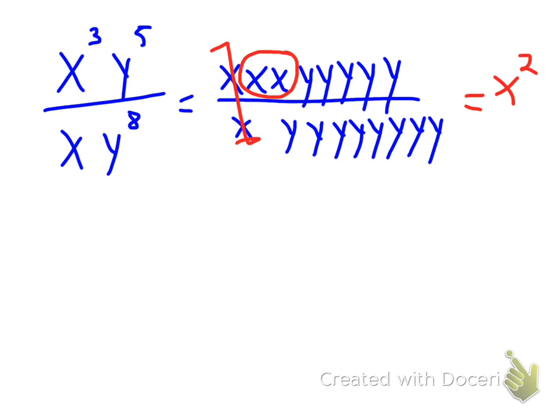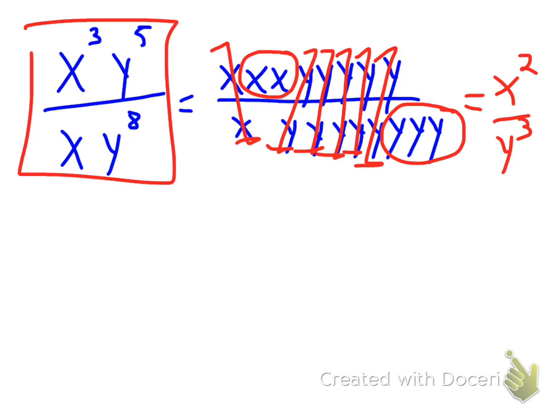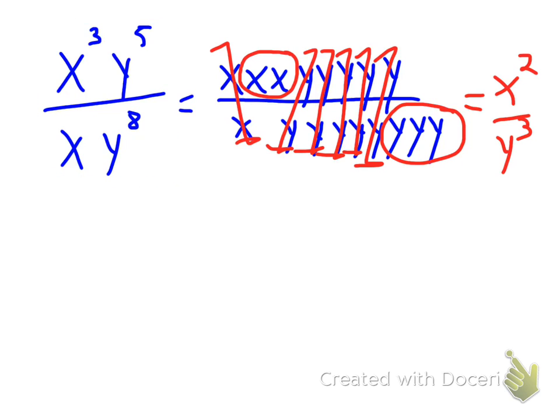Looking at the y's, I make a giant 1 here, and here, and here, here, and 1 more, leaving me with 3 left in the denominator, which is y to the third. So this problem simplifies down to x squared over y to the third.